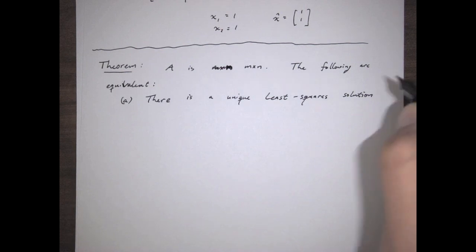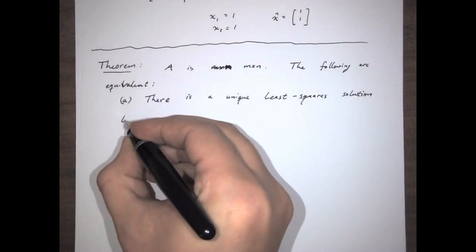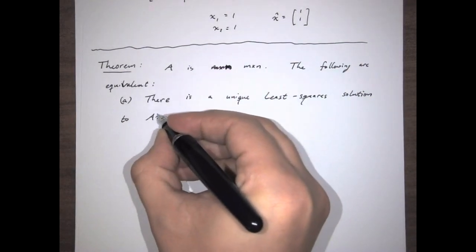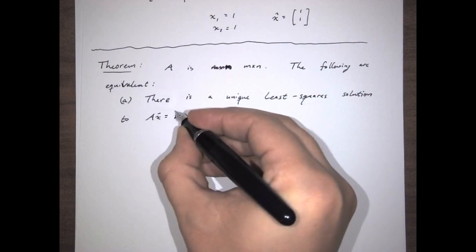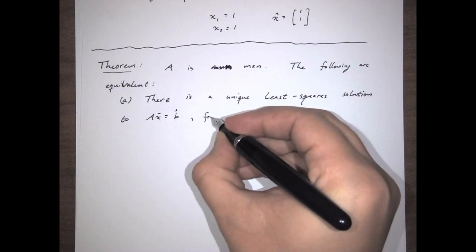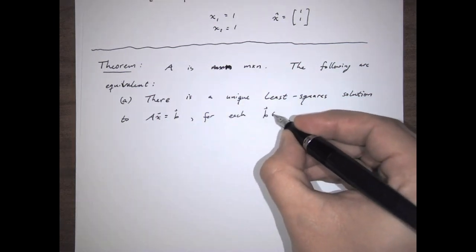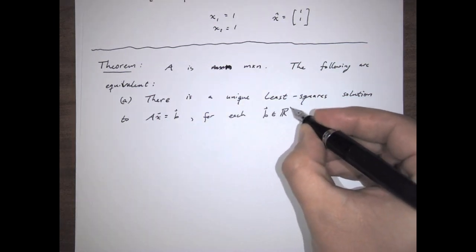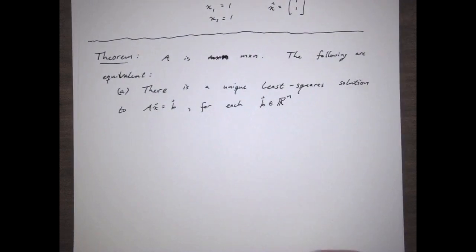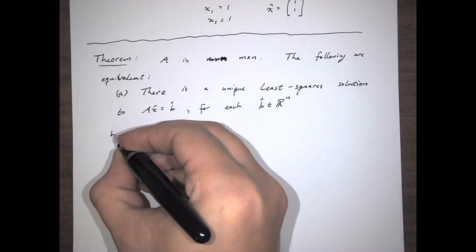The unique least squares solution to Ax equals b for each b in Rn. So that's what happened in that example above.